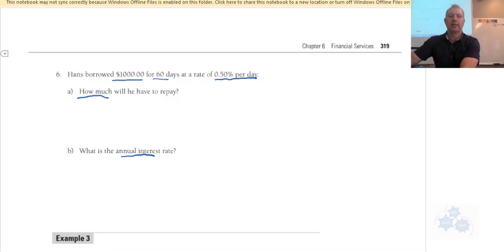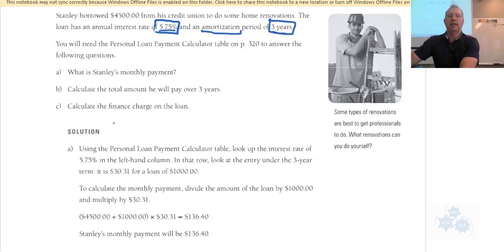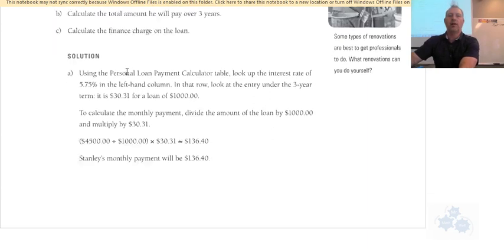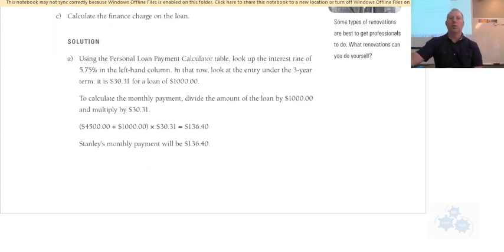So let's go back. What is Stanley's monthly payment? Well, let's take a look at the solution. We noticed that 5.75% for 3 years carries a loan payment of $30 for every $1,000. So if he borrowed $4,500, we have to find out how many $1,000 are in there, because for every $1,000 you pay $30.